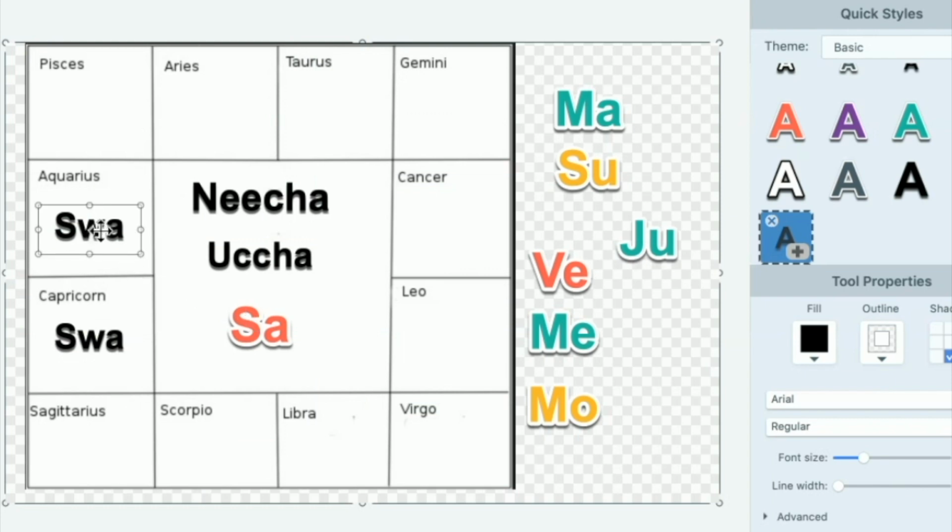Actually, Rahu also rules Aquarius. I see Aquarius as being ruled by Rahu because Aquarius is so different from Capricorn. Aquarius has a lot of the qualities of Rahu.